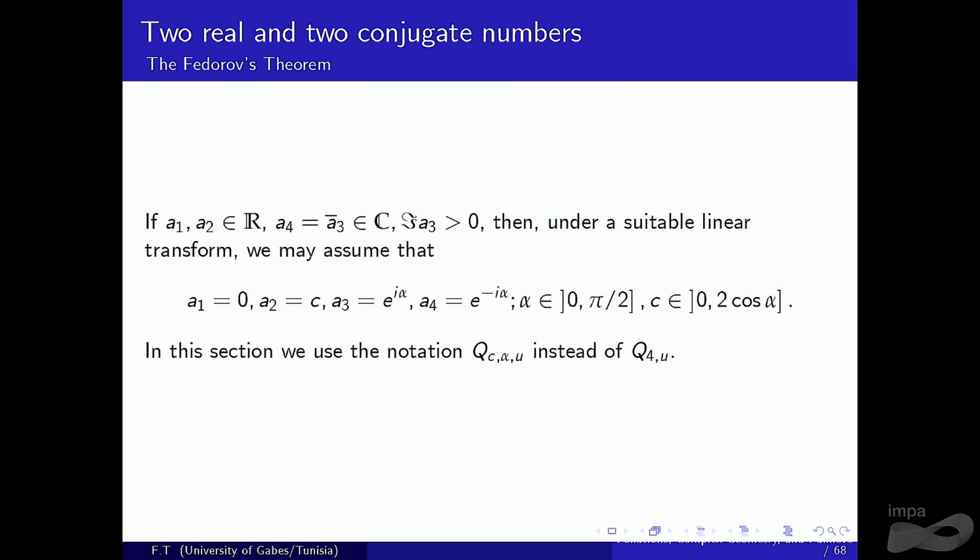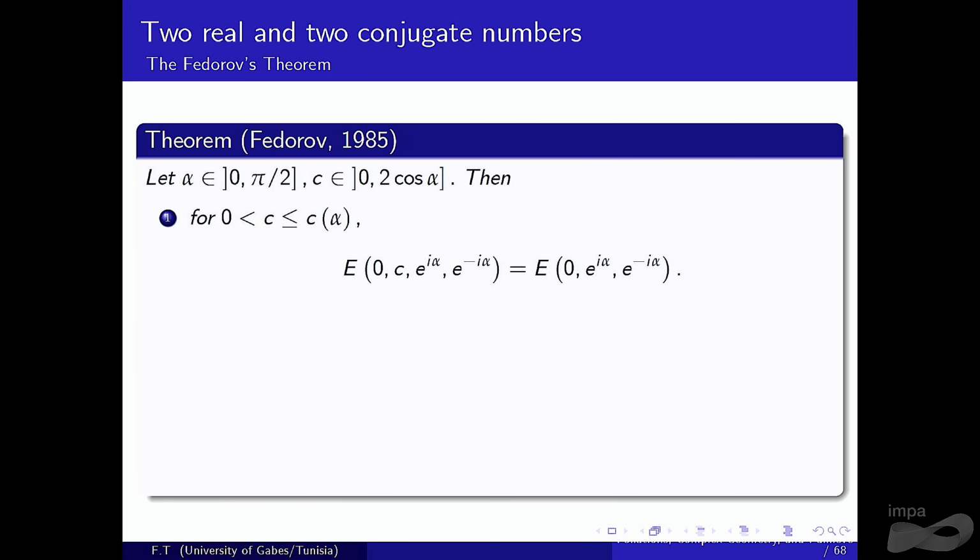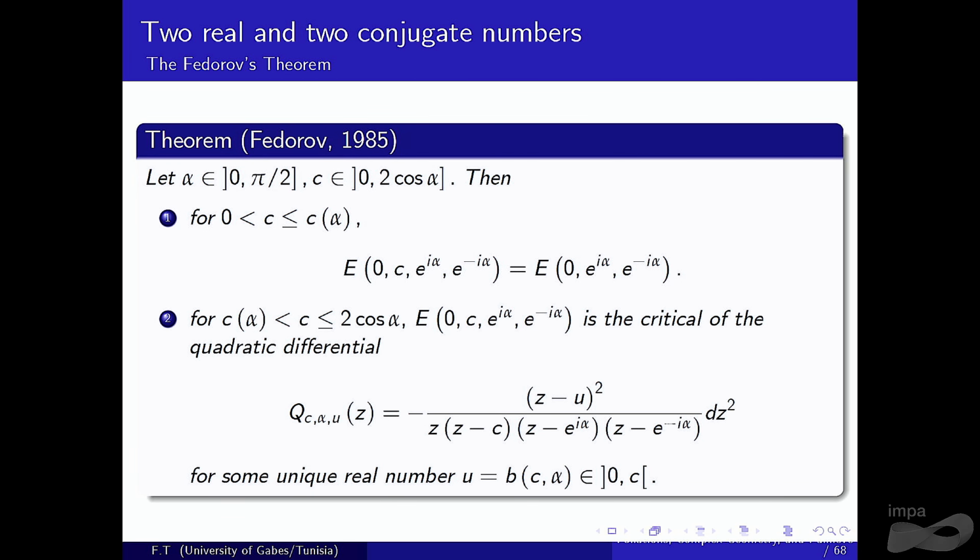In this case, we have the following result. Then we have two cases. For C from 0 to less than C of alpha, the continuum of our four points coincides with the continuum of the triangle 0, exponential I alpha, exponential minus I alpha, and we come back to Kuzmina's theorem.